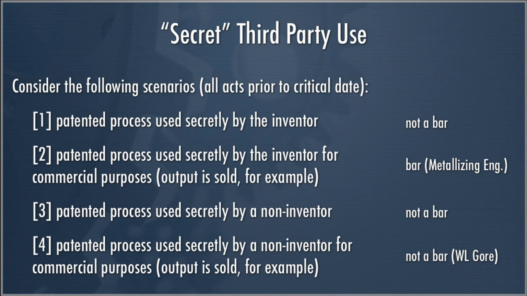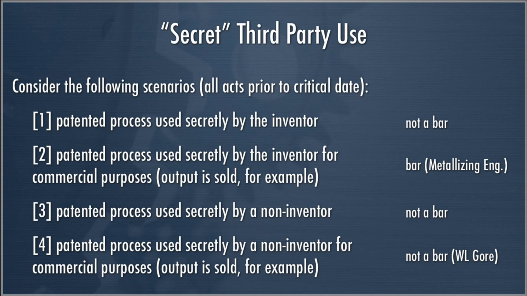So again, what we mean by this is that secret third-party use, even for commercial purposes, won't be a bar, but secret use for commercial purposes by the inventor will be a bar. Right? So Metallizing Engineering versus W.L. Gore is an important set of cases to keep in mind.